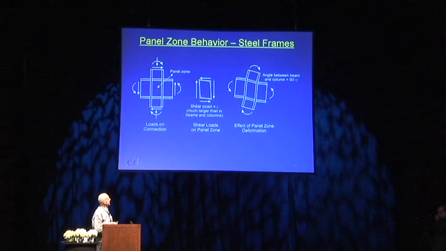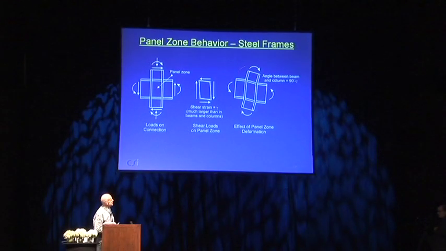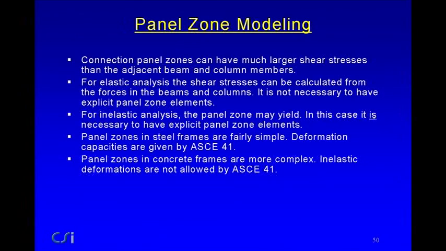Much larger shear stress and strain in the panel zone than in the adjacent beams and columns, and in fact in the opposite direction. And you get a distortion which looks like this, and so the angle between the beam and the column no longer remains at 90 degrees, and it acts somewhat like a semi-rigid connection. Panel zone modeling.